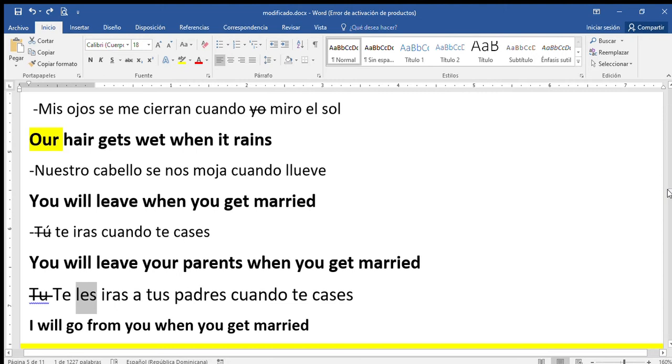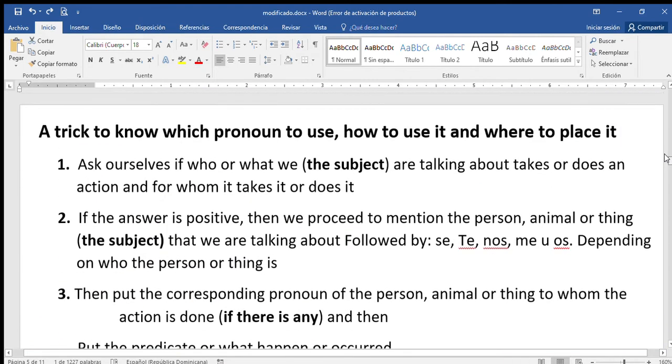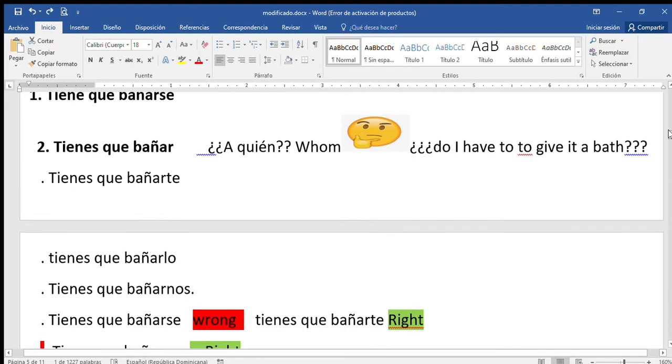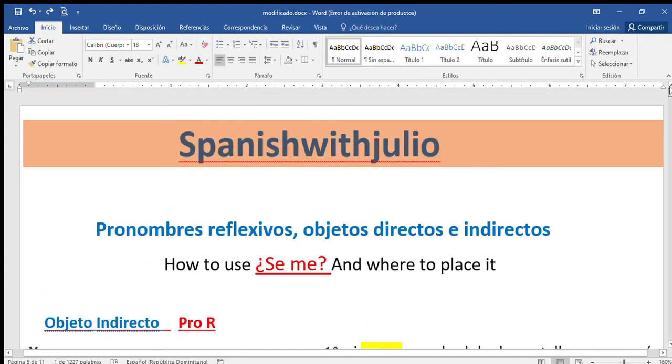But remember that I told you that when you have one pronoun, you have to put the second one from los objetos indirectos, no el pronombre reflexivo. El segundo viene de los objetos indirectos y no del pronombre reflexivo.